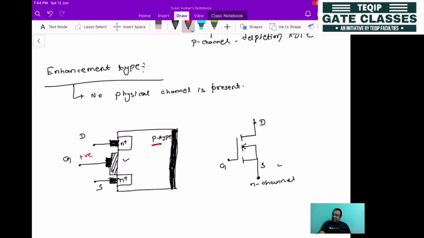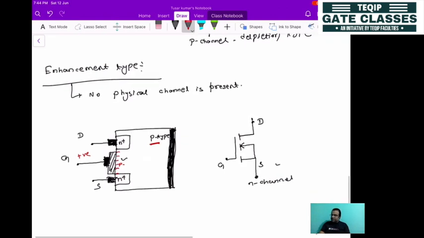As no channel is present here, the P type material is present because of the substrate. If you apply the positive terminal, then holes will be repelled, and electrons will be accumulated here, because in the P type material the minority charge carriers are the electrons.